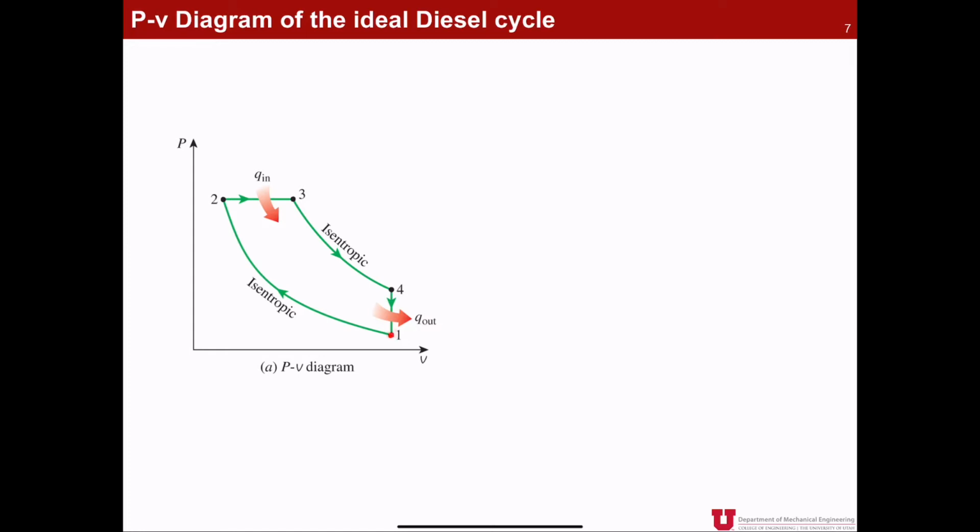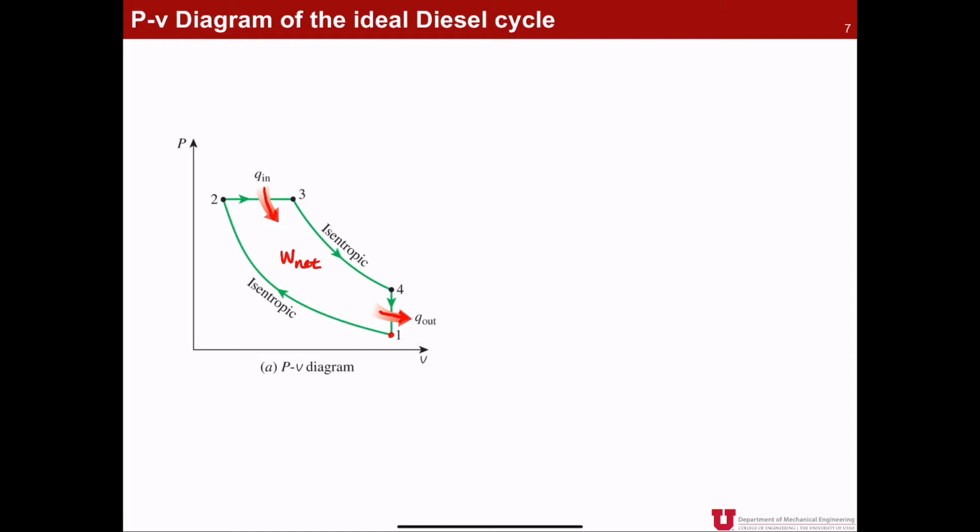Now, W net, so net work by the diesel cycle, can also be expressed graphically as the area inside the closed loop of this diesel cycle. Okay, and now again, Q in comes into your engine during 2 to 3, and heat rejection is in between 4 and 1.